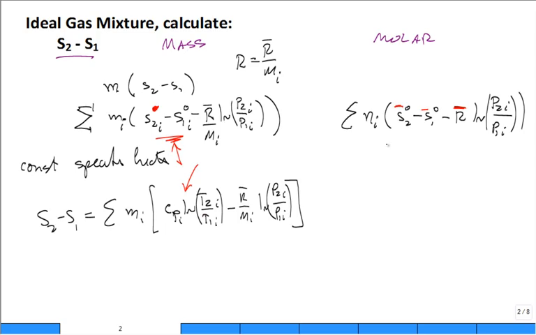All right, what about over here? Well, it would be the sum of the amounts times Cp bar of that component, natural log T2i divided by T1i, minus R bar, natural log of P2i divided by P1i.